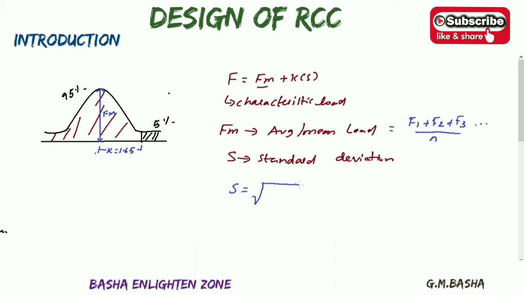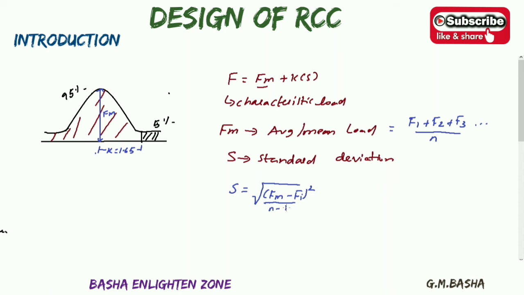And what about this standard deviation formula? That one will be equal to square root of the summation of (Fm minus Fi) whole square by n minus 1.